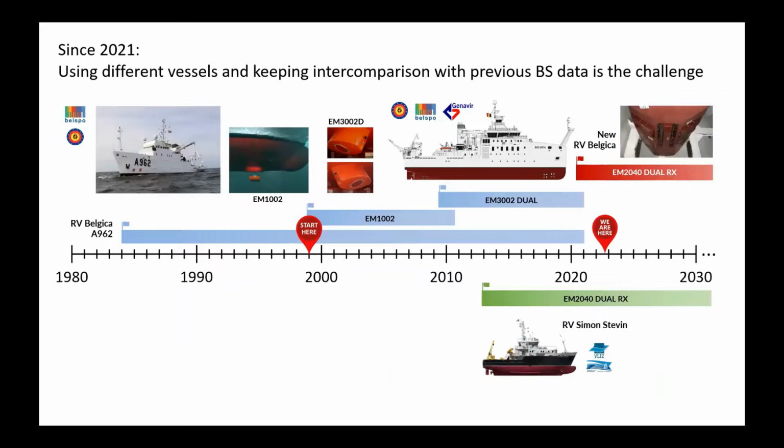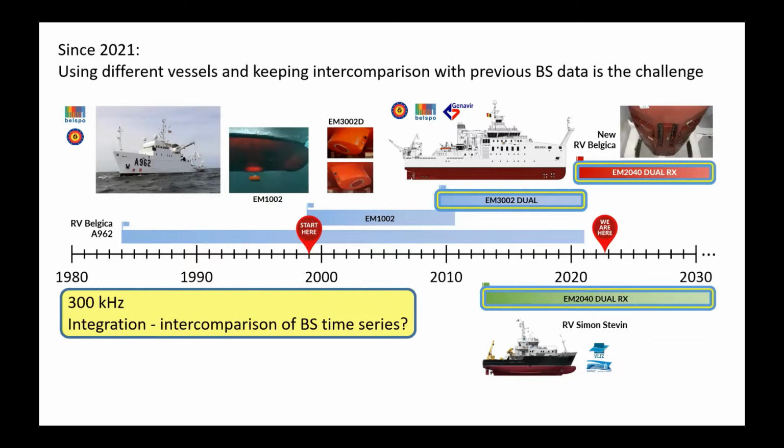But things are more complicated now because the old Belgica was sent to Ukraine just before the war. And now we have a new vessel with a new multibeam system. And what we want to do is finally to combine the measurement from the little vessel from the Flemish community, the Simon Stevin, with the new Belgica.